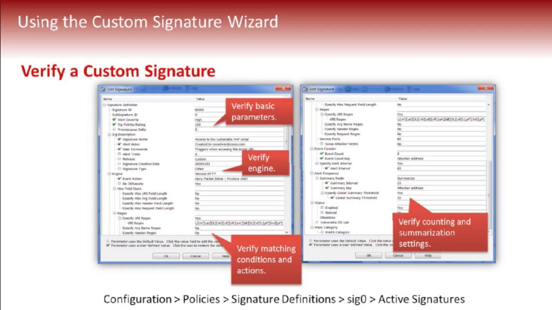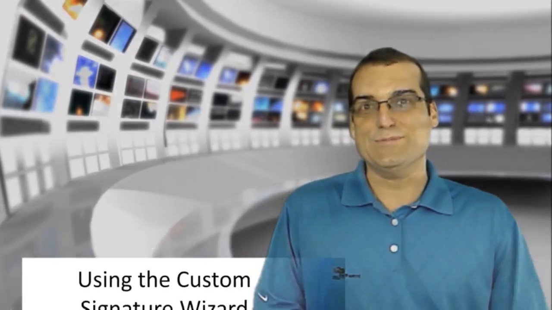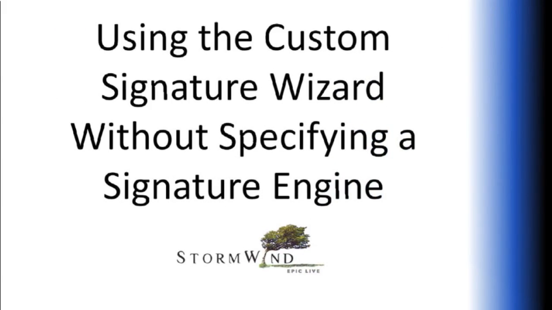Obviously, everything should look just perfect if you completed the wizard in the appropriate and correct way. And then obviously, I would recommend you really verify the signature by launching the attack. Yeah, that would be the ultimate way, right? Go ahead and launch the attack and ensure the intrusion prevention system took the appropriate actions.